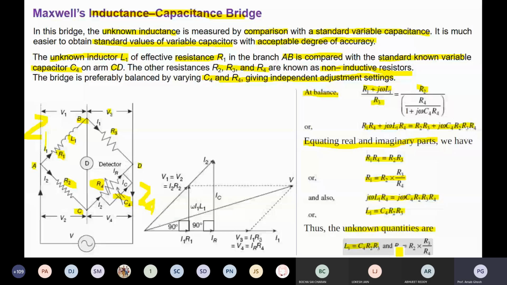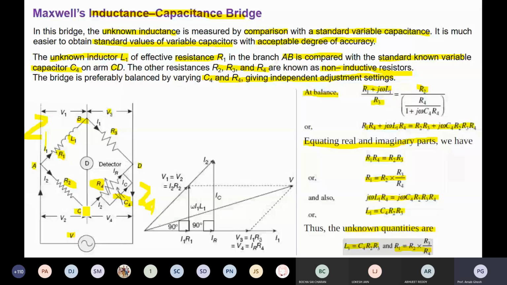So after that we should go for the phasor diagram. That is most important. So what is your basic prerequisite for the phasor diagram? Your bridge circuit should be balanced. If your bridge circuit is balanced, then what happens? The potential of VB and VC, that means VBC equals 0.